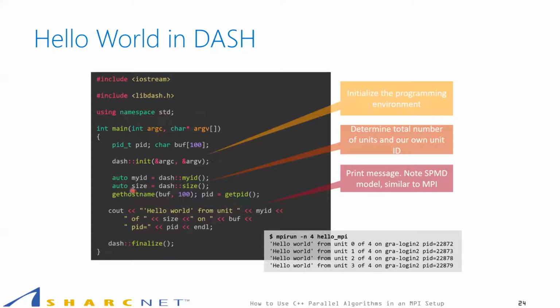This is the number of units, and the unit ID is like this. And then we can print the hello world from each unit, and the sample output will be something like this on, for example, the Graham login node.